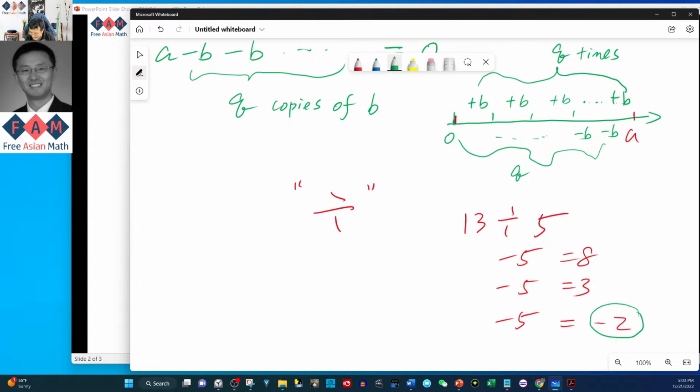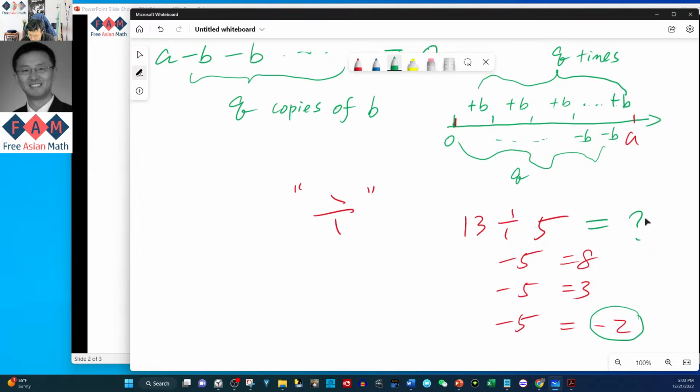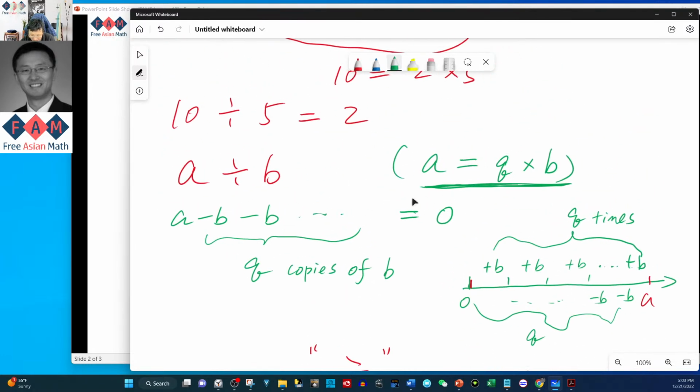So that means that we will never be able to arrive at an integer. Okay, so now we perfectly understand why we need to put this constraint. We have to first verify that the dividend A is a multiple of divisor B.